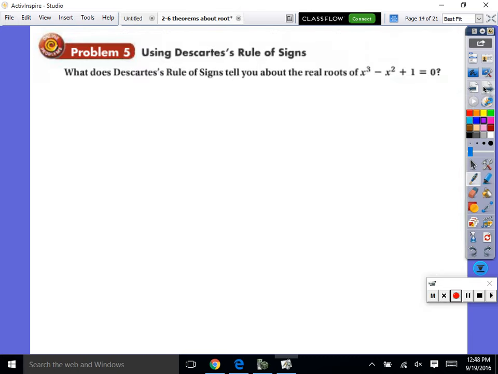Okay, here's my first example. If it didn't make sense, it will once you see it, so everybody pay attention so that it makes sense. It says, what does Descartes' rule of signs tell you about the real roots? We're going to look at the original polynomial to see how many positive real roots we have. So we're testing the positive x values. How many times does it change signs between consecutive coefficients here?